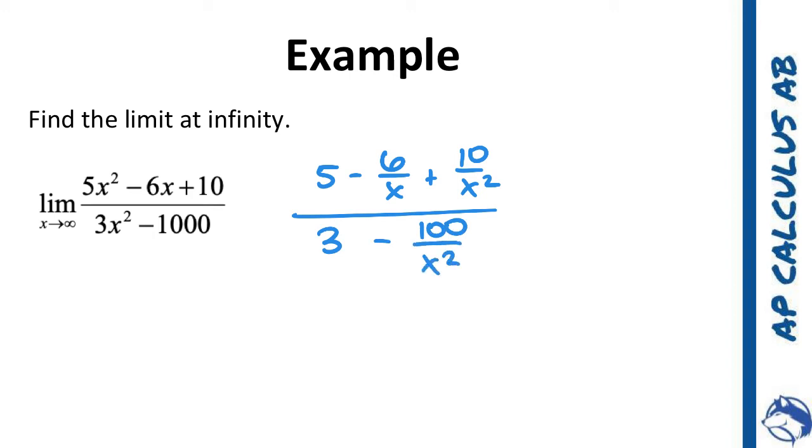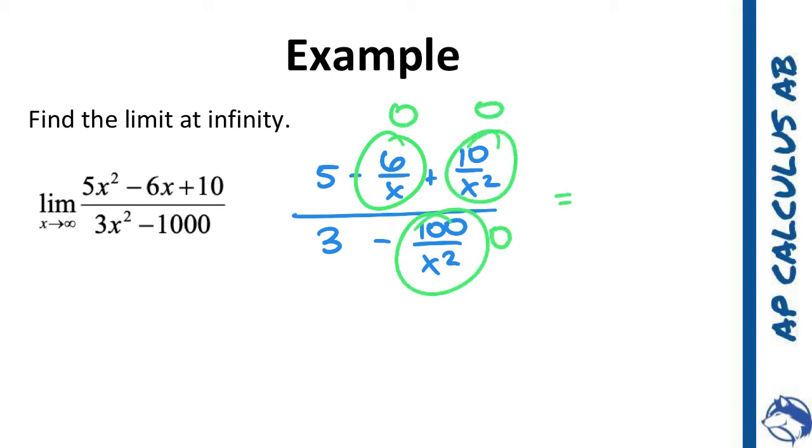And so no matter what we do, when we plug in infinity to all three of these, we're going to end up with 0, 0, and 0, which leaves us with 5 over 3. So hopefully you're realizing here that if we have the same power of x, we're going to end up using these numbers. But really the greatest powered x is what's going to make a difference in these problems.